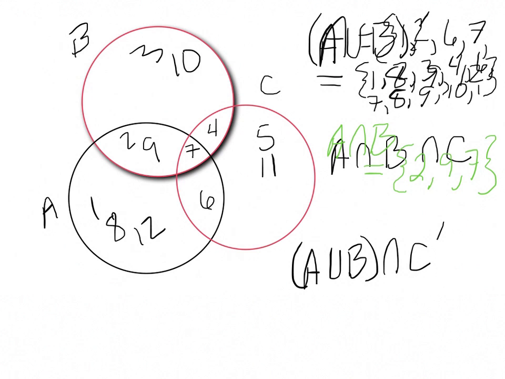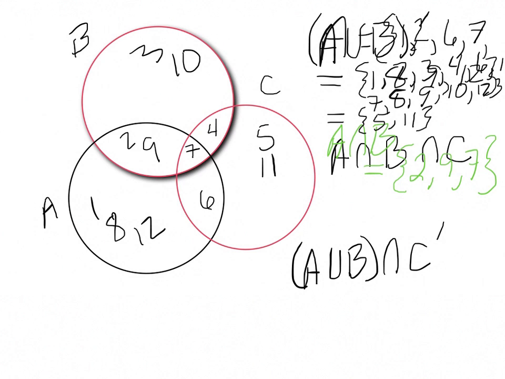So that's a lot of elements. But then we want to take the complement of that still, and the complement is going to be everything that's not in A union B. So that will just be the elements 5 and 11. So if you got 5 and 11, the set containing 5 and 11, then you're correct.